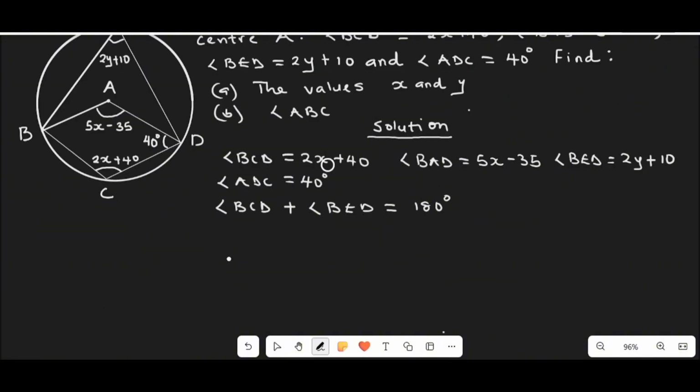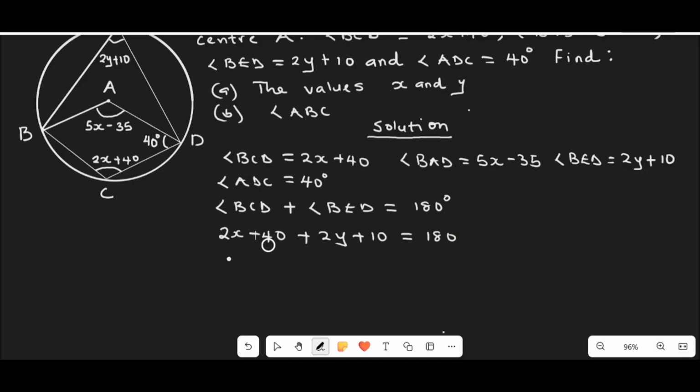So let us substitute 2x plus 40 for angle BCD and 2y plus 10 for angle BED. 2x plus 40 plus 2y plus 10 equals 180.